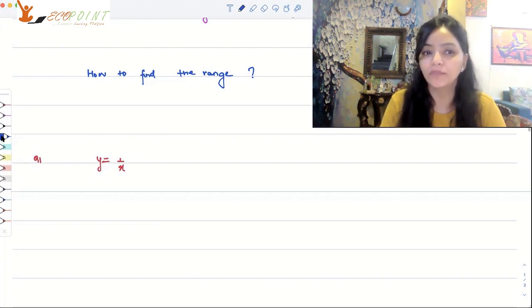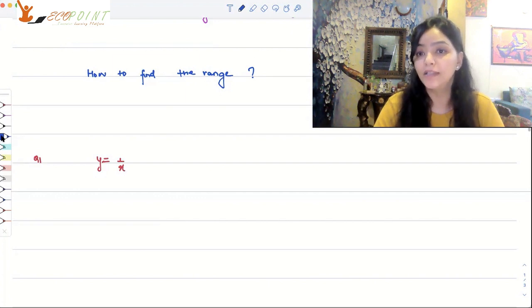What values finally this function will take? What is your outcome? Let me take the first example that we took in the domain as well. If I have the function y equals 1 upon x, we know that there was a problem with the domain. We have to delete 0 from the set of real numbers, and that is what we can take as input. We cannot take 0 as input. Now, if I may ask you, what would be the output of this function?